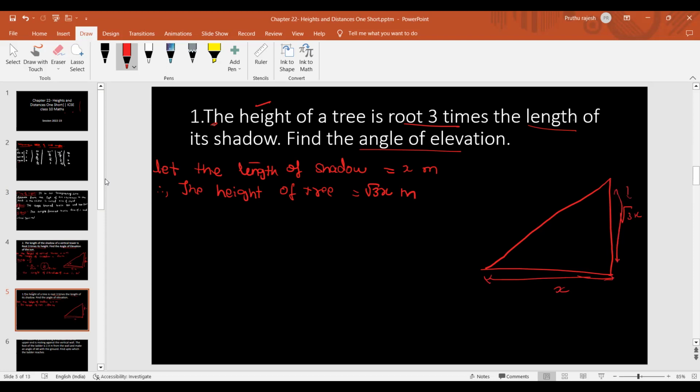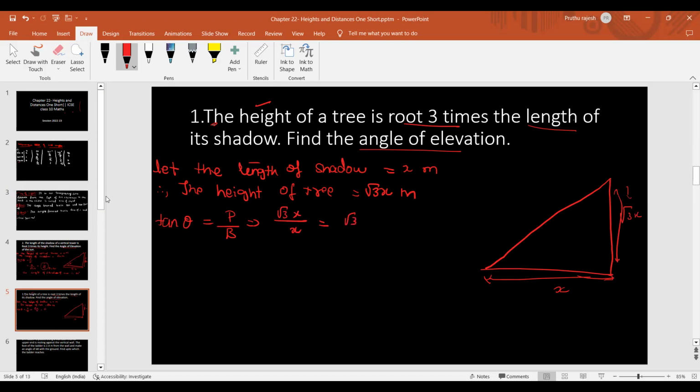They have given us the perpendicular and the base. So tan theta equals perpendicular by base, which is root 3x by x, which is nothing but root 3.